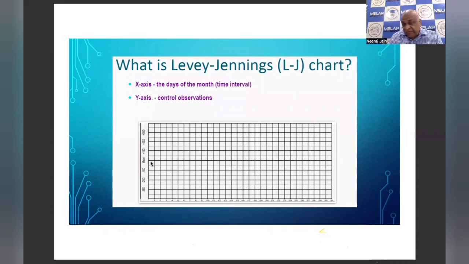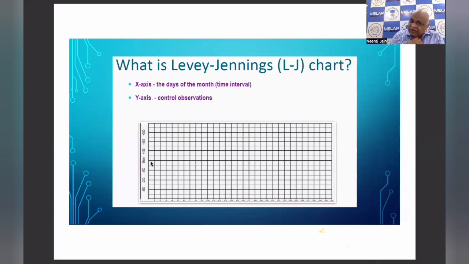If you are running one level control once a day, 1, 2, 3, 4, 5, 6, like this. If you are running one level control twice a day, one morning, one evening, two morning, two evening, three morning, three evening, like that.